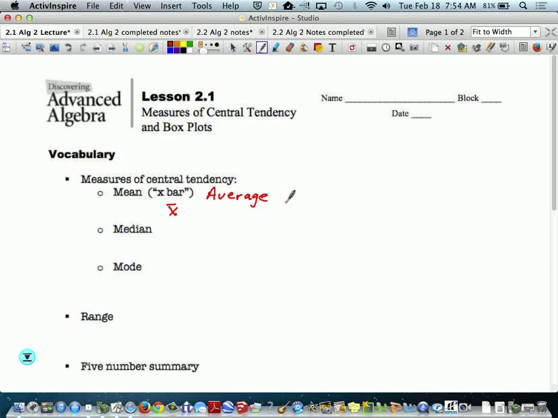Median, what's the median? All right, when you go to find the median, it is very important that you order the data. Most of us probably will go small to big.